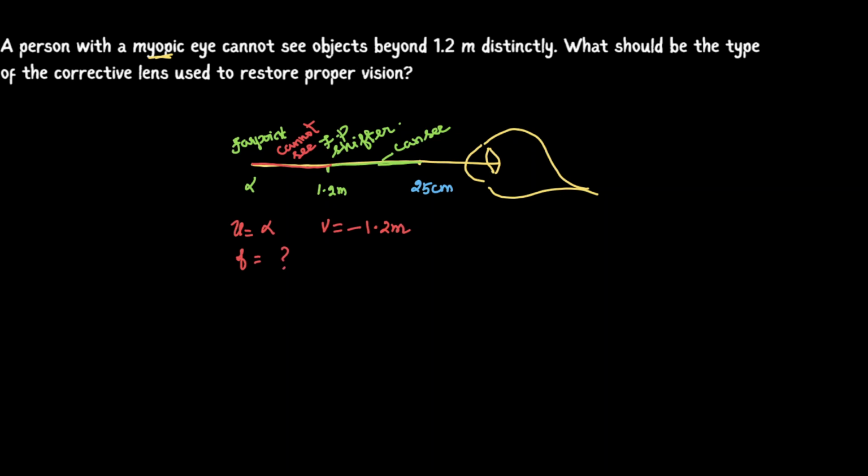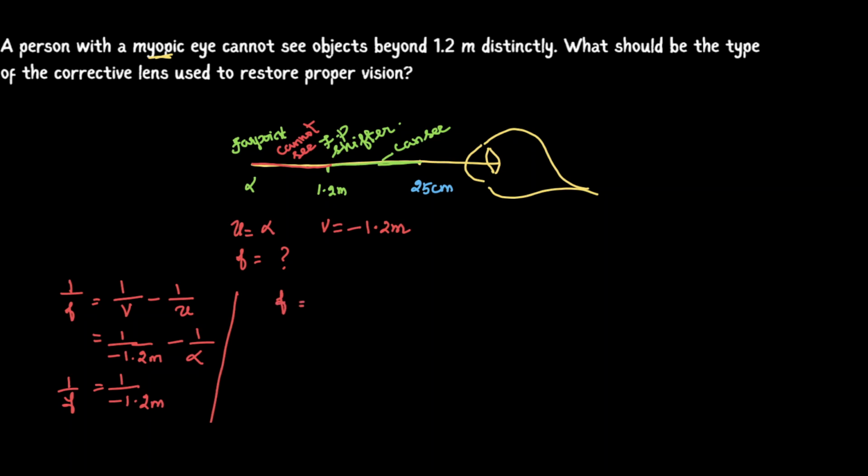By using the lens formula, 1 by f is equal to 1 by v minus 1 by u. By substituting the values, 1 by minus 1.2 meter minus 1 by infinite. 1 divided by infinite becomes 0. So 1 by f is equal to 1 by minus 1.2 meter.